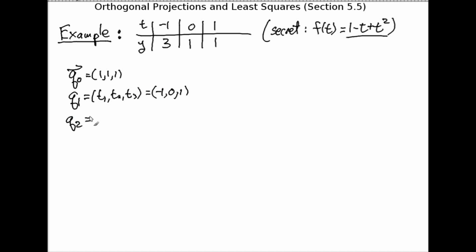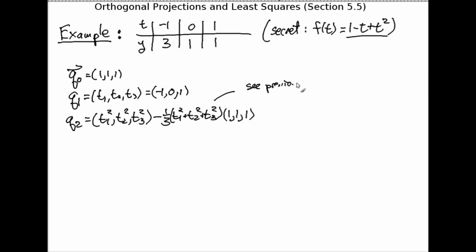And now Q2 is a little more interesting. It's T1 squared, T2 squared, T3 squared, minus the average of the squares times the vector 1, 1, 1. This is the sort of correction vector. See the previous slide for where that came from.